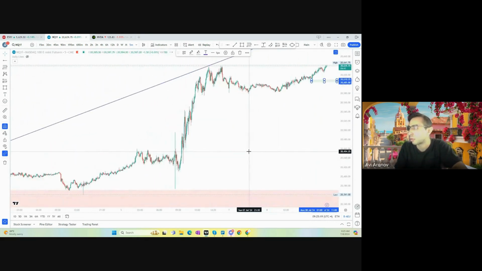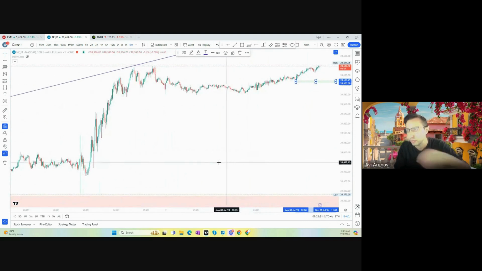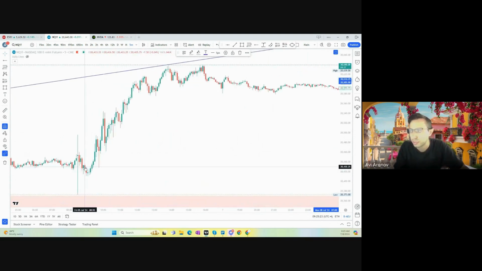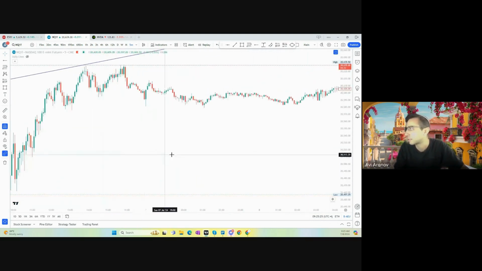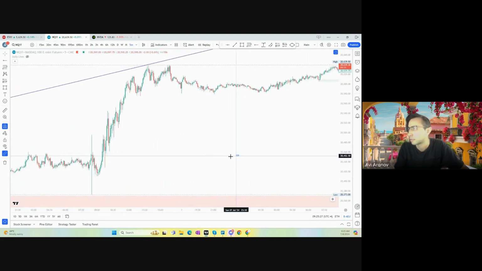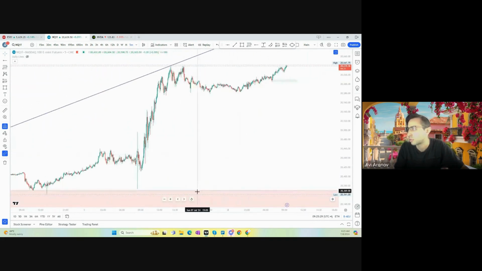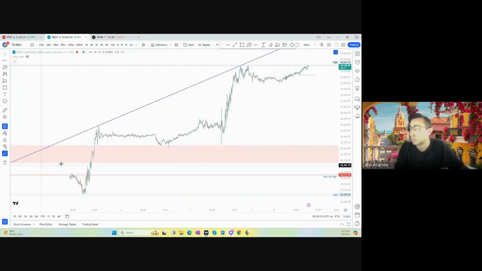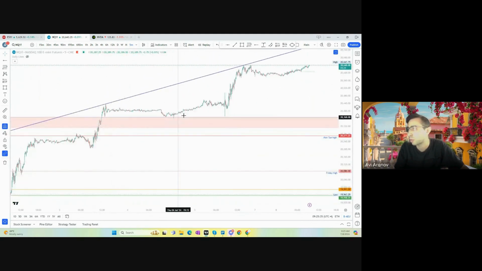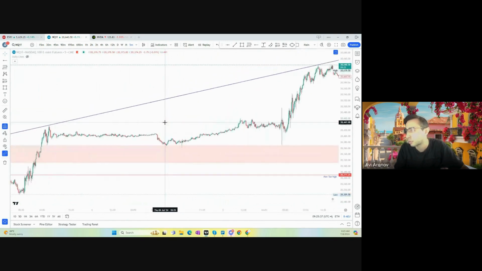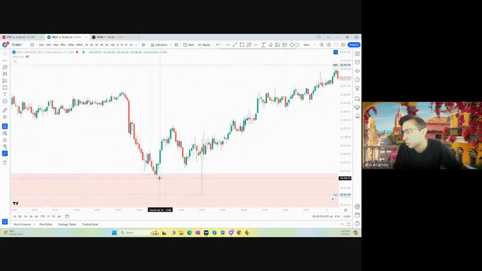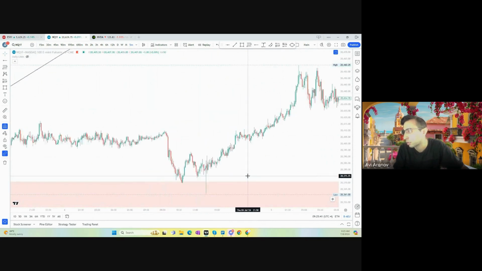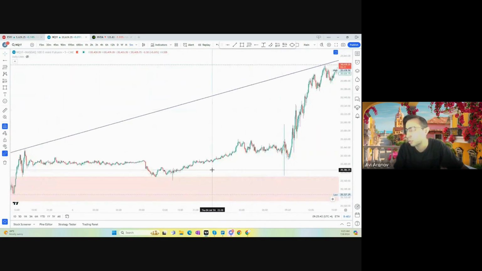So going back to here, what we are seeing is basically understanding that this zone is already used on both occasions. One here. Let's see here. So 1, 2, 3, and almost 4.